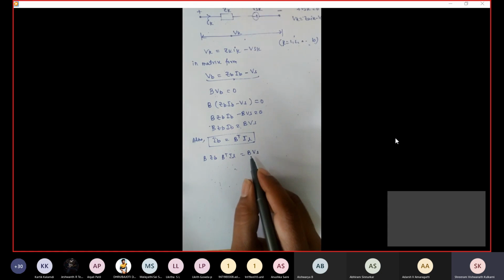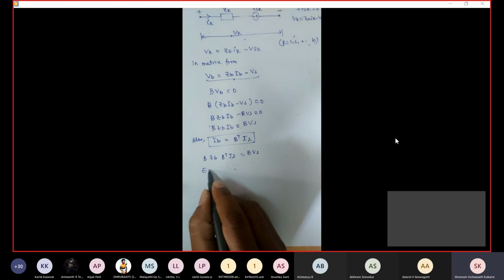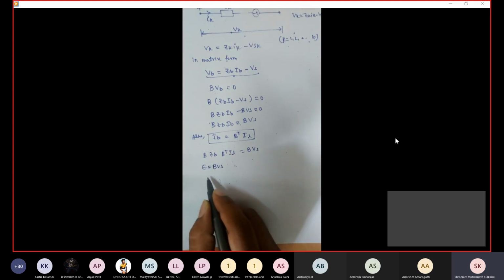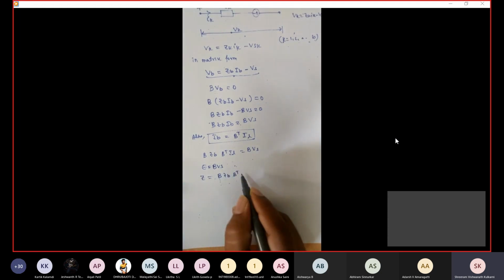Fine. Now I am going to take E equals to B Vs. Then Z equals to B Zb B transpose.